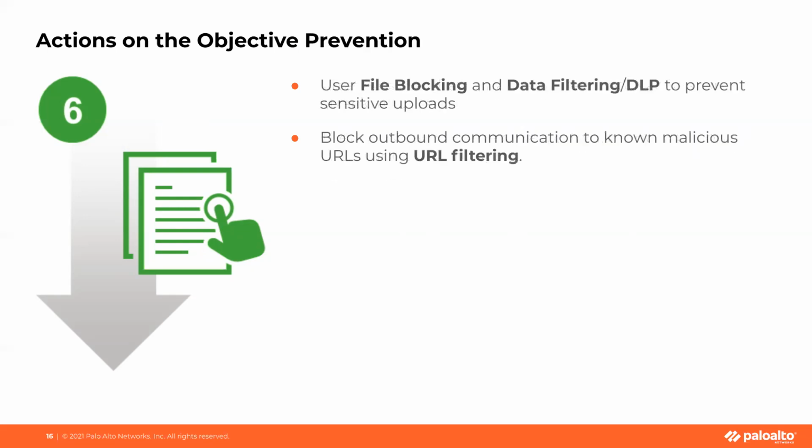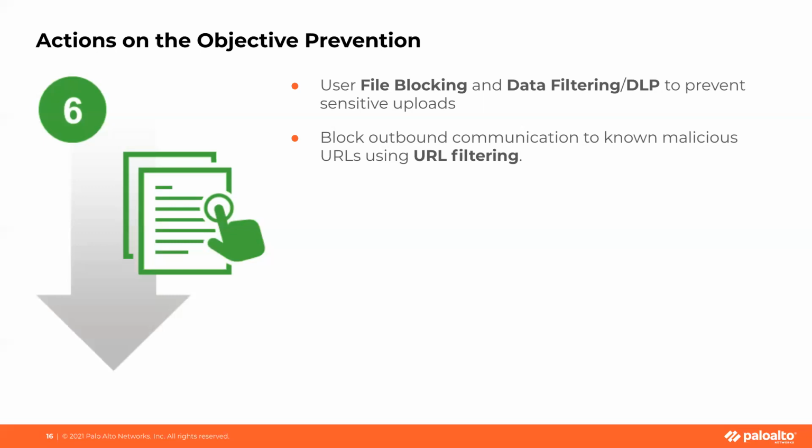What we can do in this case is we can use file blocking and data filtering, or the DLP subscription, to prevent uploading sensitive data. What does this mean? If we have a file server, maybe a SharePoint server, which contains a lot of sensitive documentation, there should be no files coming from this server to the internet, because that might be data exfiltration.